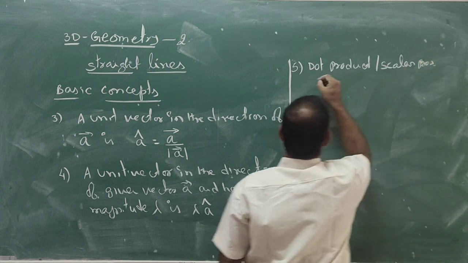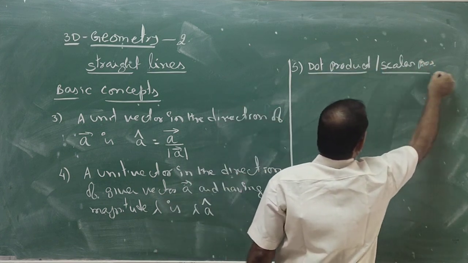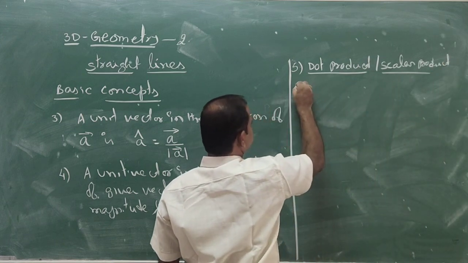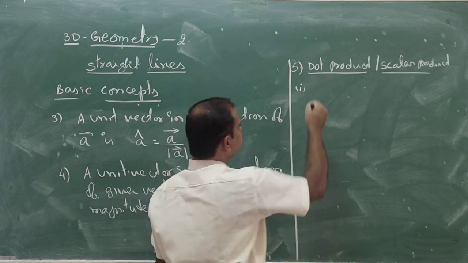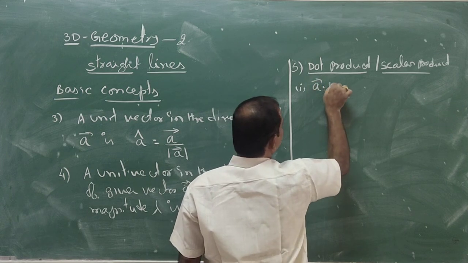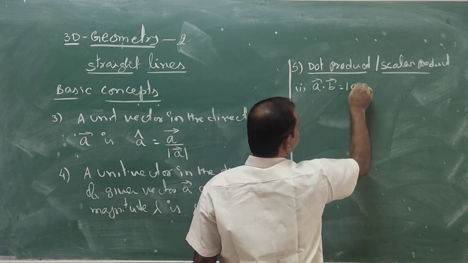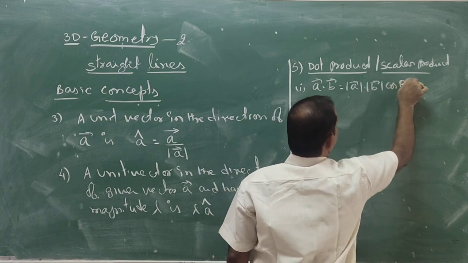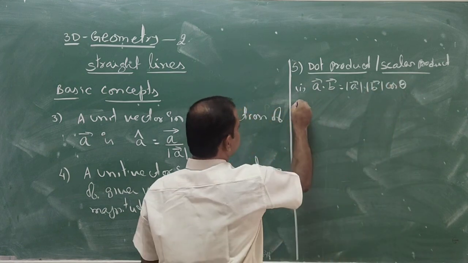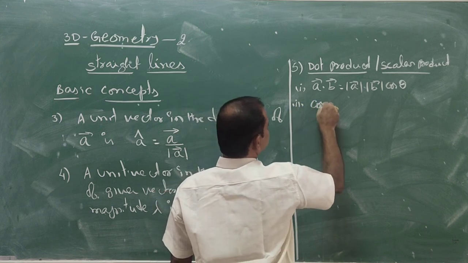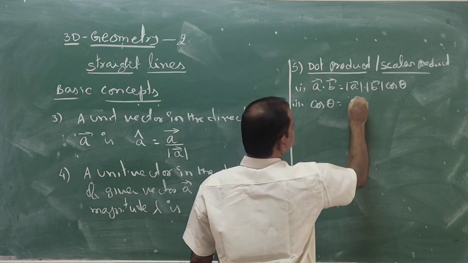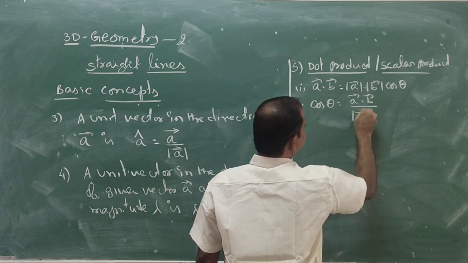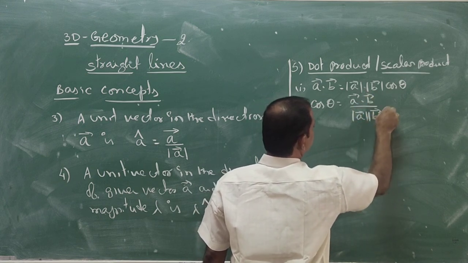Under this, first one is, how do you define dot product? A dot B is equals to magnitude of A, magnitude of B, cos theta. And second one is cos theta, you are finding as A dot B by magnitude of A into magnitude of B.